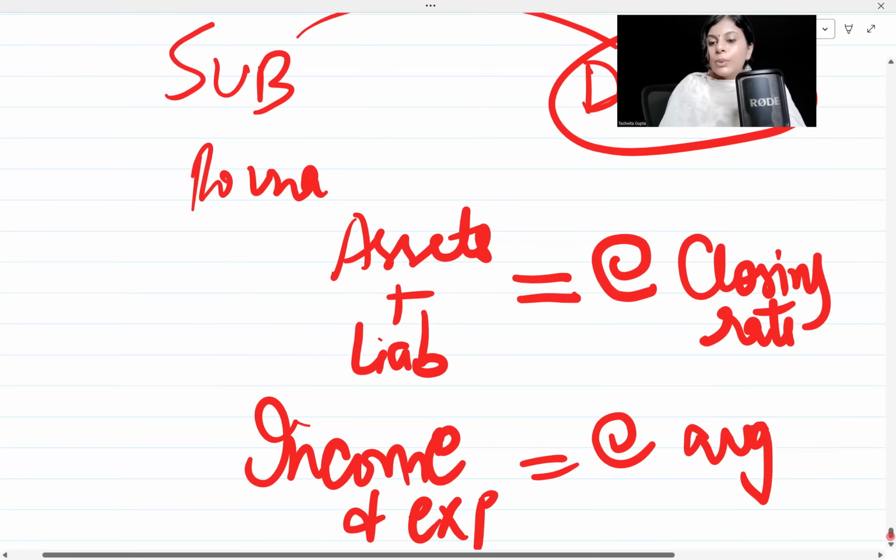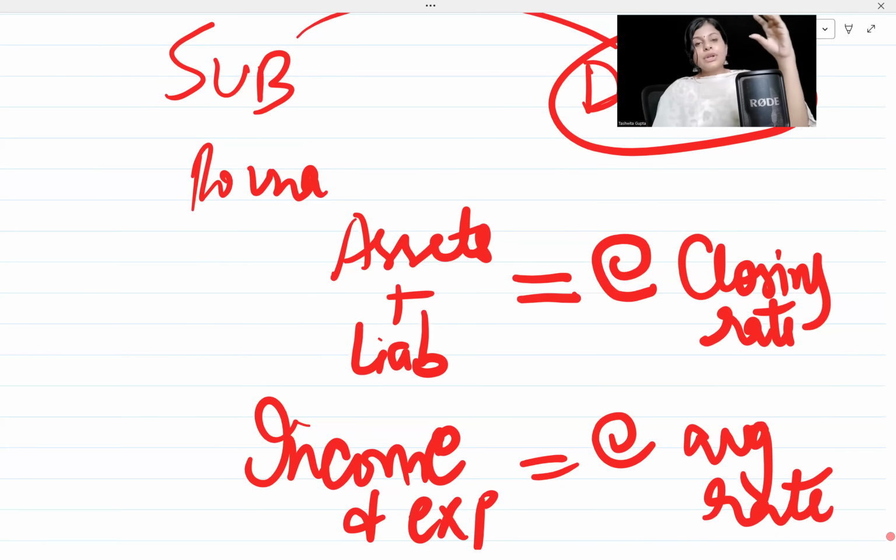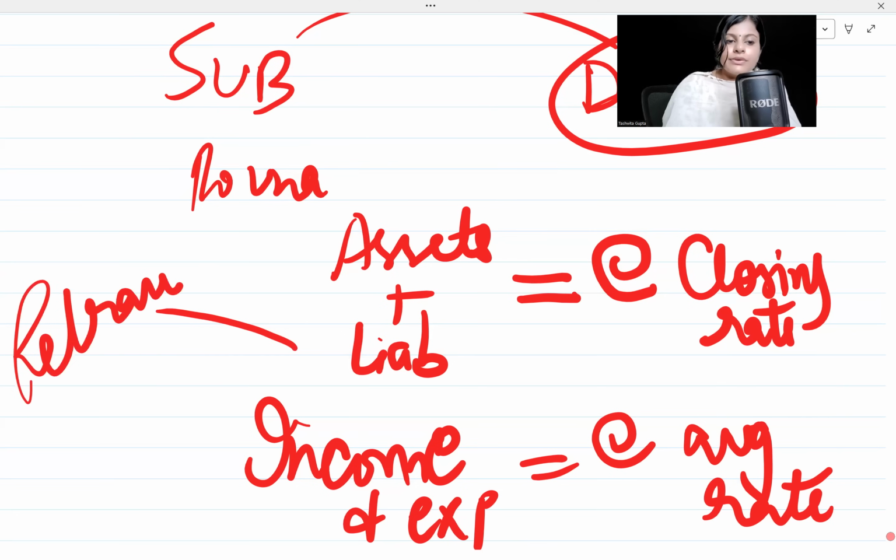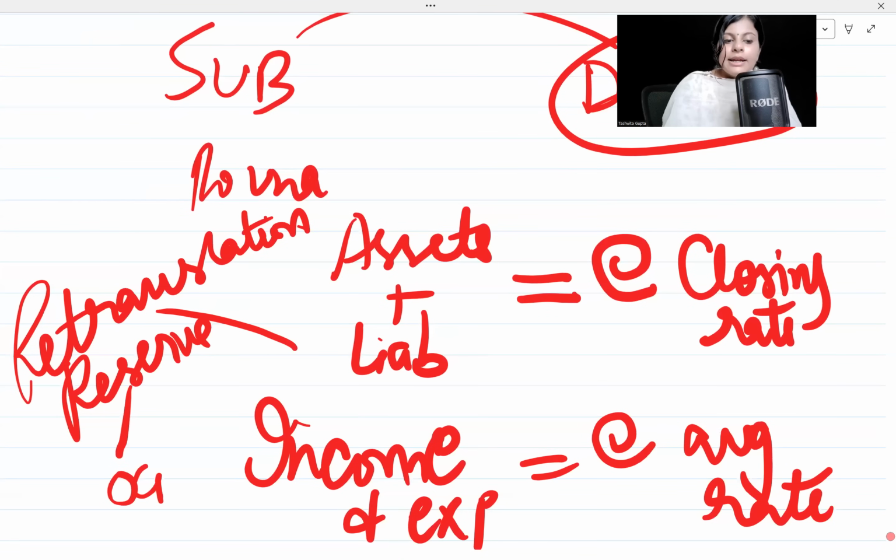And then whatever is my difference, because if you are taking closing net assets at the closing rate, and the movement, the profit, at the average rate, there will be a balancing figure. That balancing figure is known as your retranslation reserve. This retranslation reserve goes via OCI, and in future it might be reclassified to P&L when you sell your subsidiary. So that's the rule for group foreign currency.